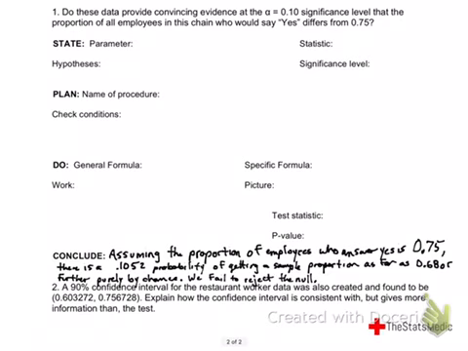So the very last one of these, luckily we don't have to construct the confidence interval, but the confidence interval for 90% for this particular data was found to be, and you can see the numbers right there. So explain how this confidence interval is consistent with but gives more information than the test.